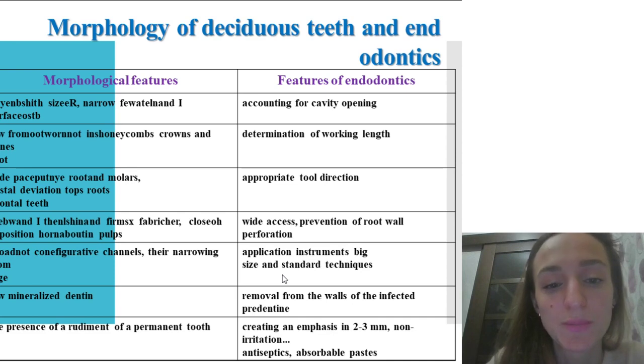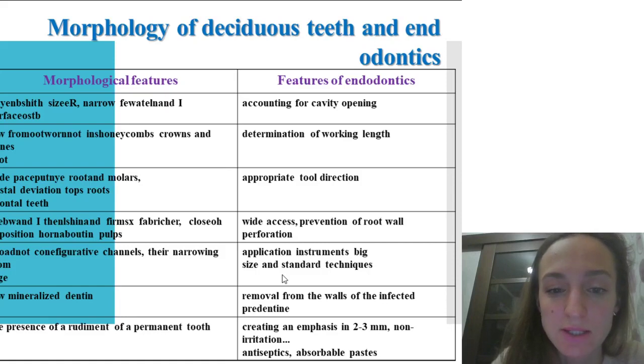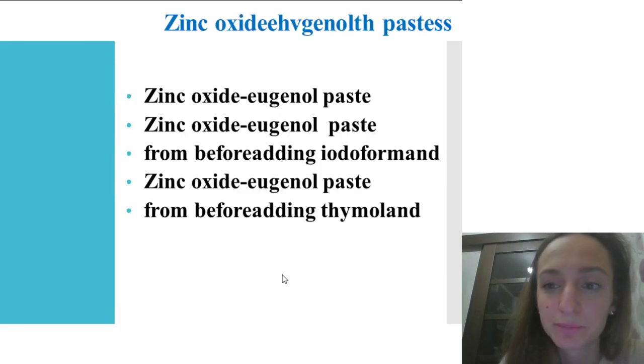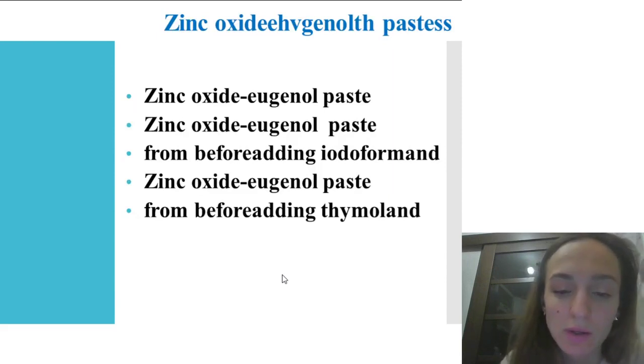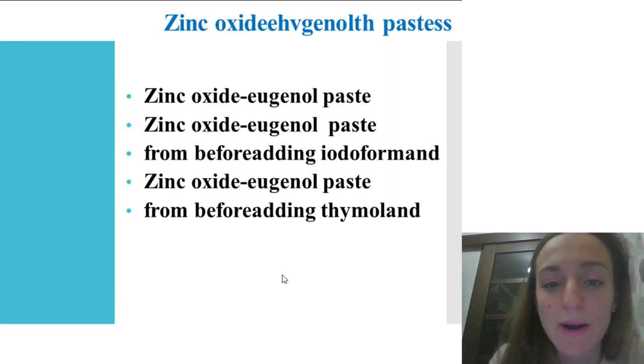Then development of inflammation in the pulp and clinical picture of pulpitis in deciduous teeth have a number of features. First of all, inflammation of the pulp often develops in case of a shallow carious cavity. It is explained by a number of factors.